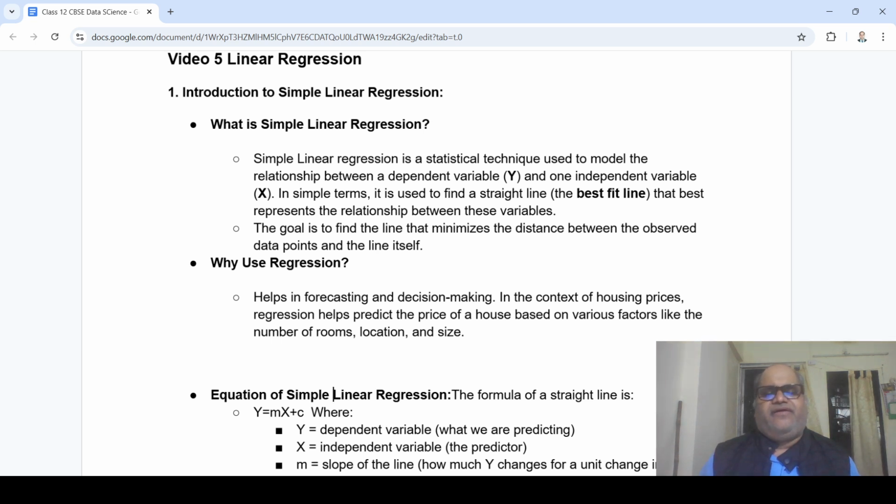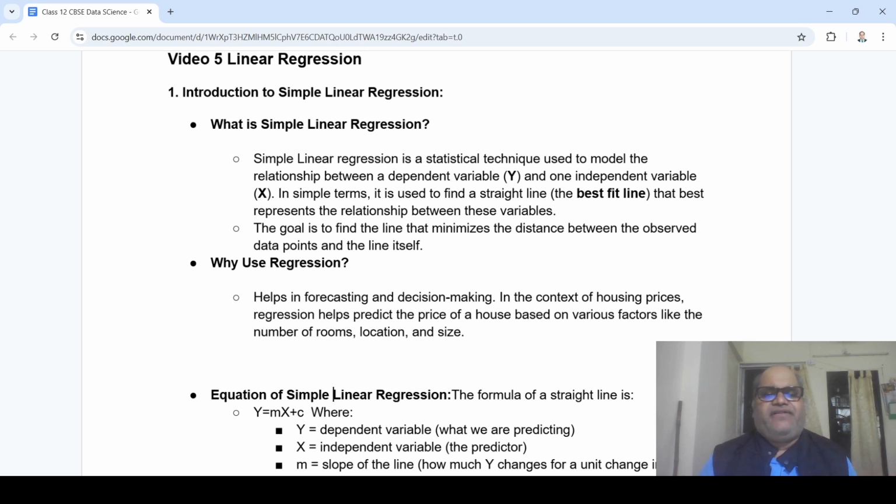A very simple example could be the price of a house. You might have seen it in cities: bigger the home, higher the price. So if you say that the size of the house is the only thing that determines the price, we call size of the house the independent variable, because there is no control over it.